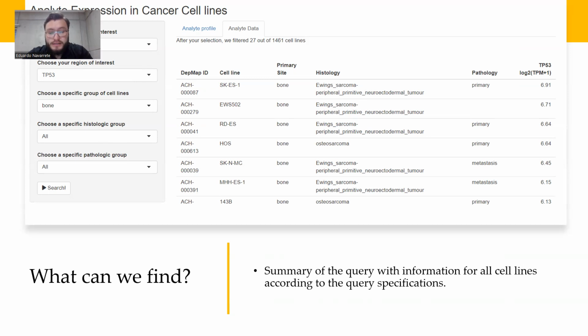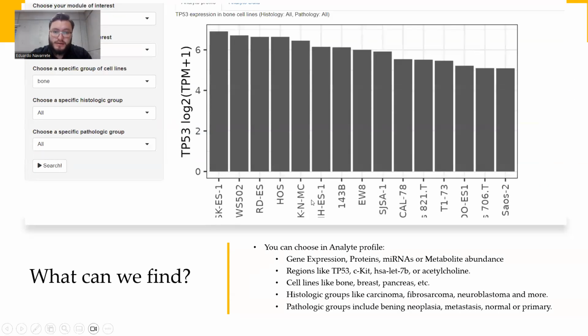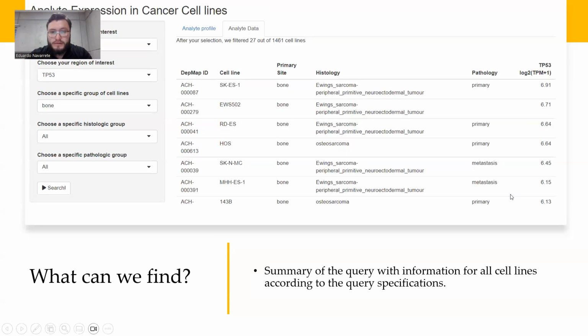This is a summary of a query with information for all lines according to the query specification. And if we check this table, note that the first results are the same shown in the bar plot, sorted from the highest to lowest level of the analyte with query specifications. Check this. They are the same lines. Okay.